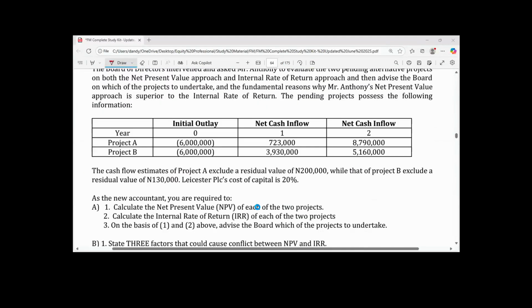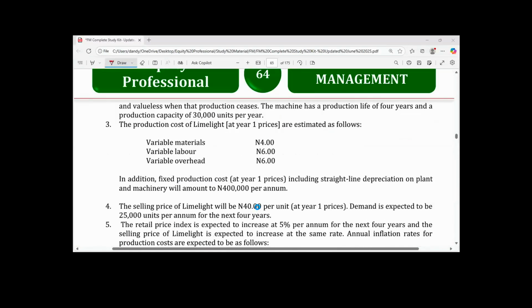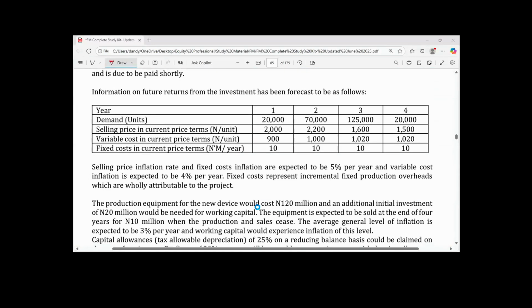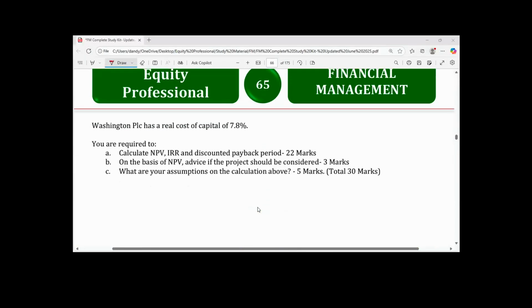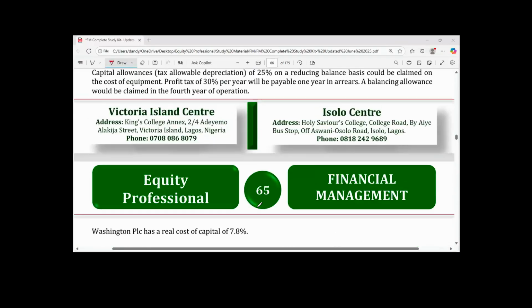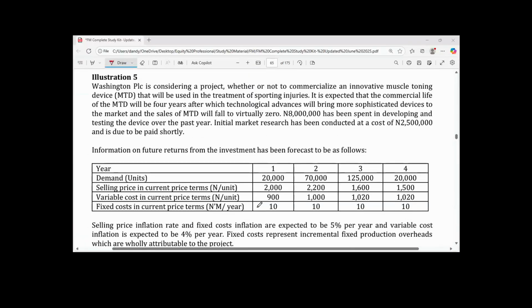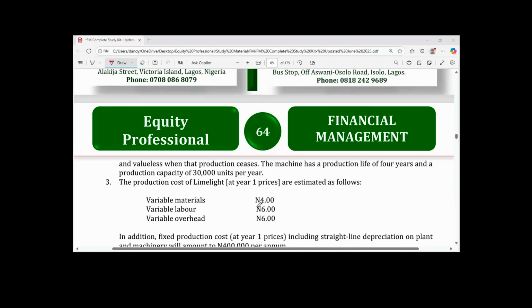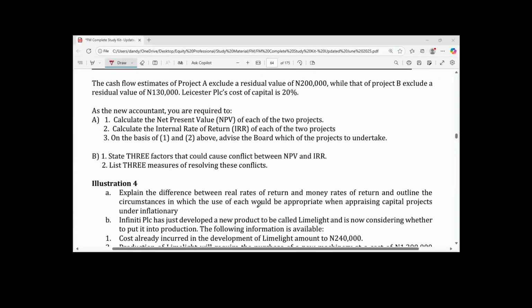Let me see. We are going to solve one question that involves project specific. The first thing first, let's solve illustration number 5.